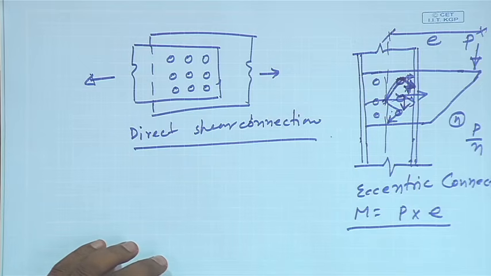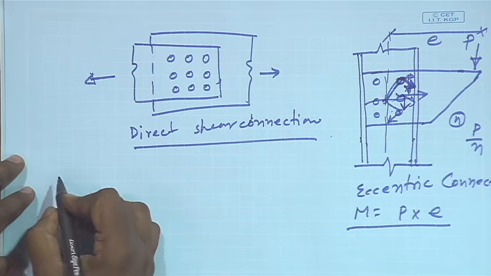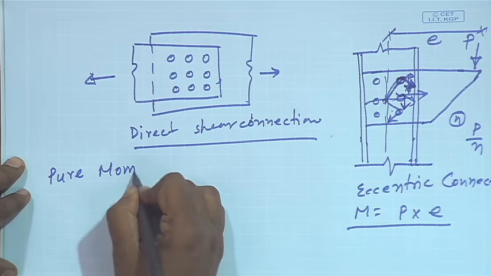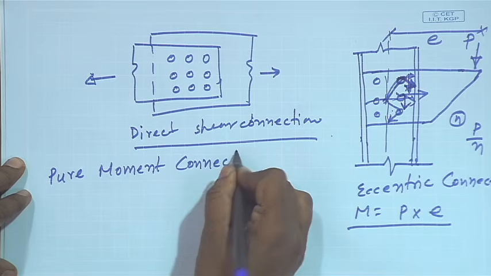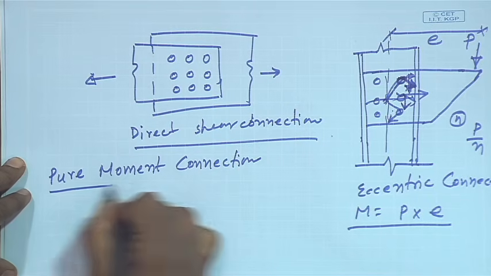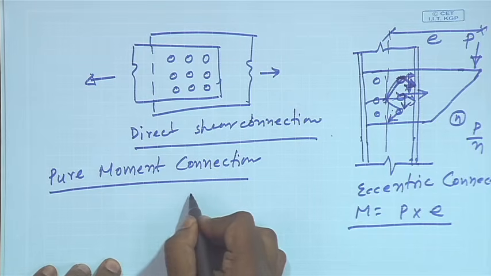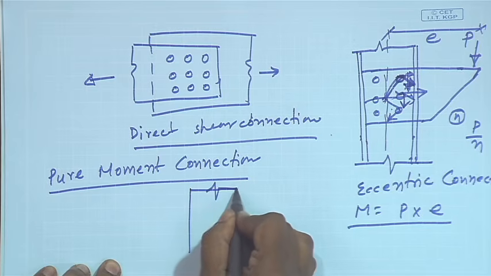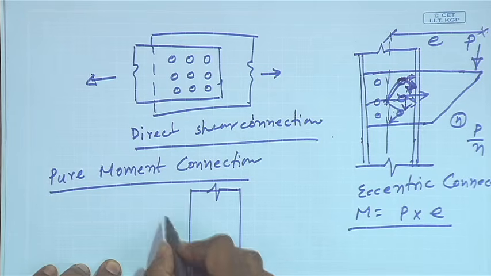Another case we have, which is called pure moment connection. So, for this, sometimes two members are connected with a pure moment.